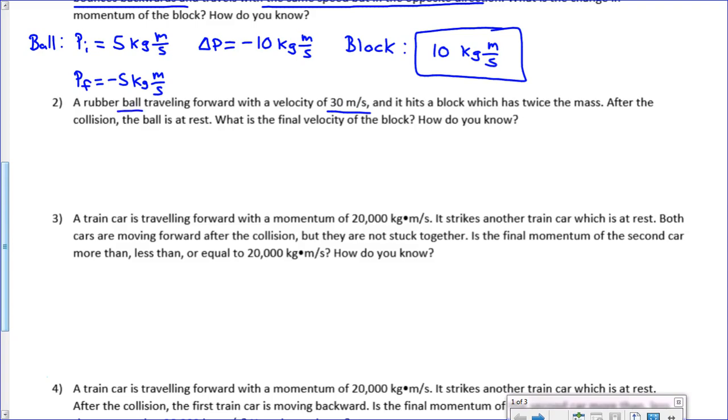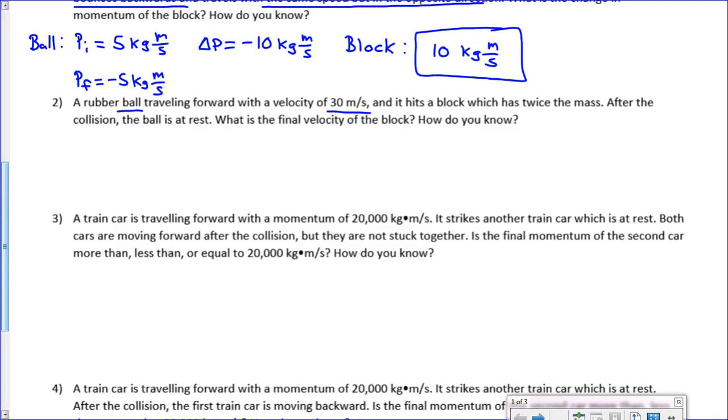All right, and then it hits a block that has twice the mass, and then it says at the end, the ball's at rest. And so what's happened here is the ball has transferred all of its momentum to the block, because the ball doesn't have any momentum in the end. So the final momentum for the block is equal to the original momentum that the ball had.